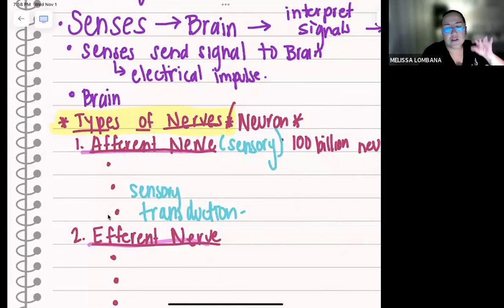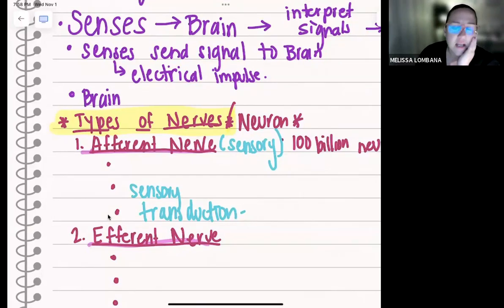Transduction is where they transform the signals from outside to an electrical impulse, so that they can send it to the brain, because the brain communicates with electrical impulses, so it has to transform it into an electrical impulse, and that happens in our senses. Really cool. You need to know it when we get there.